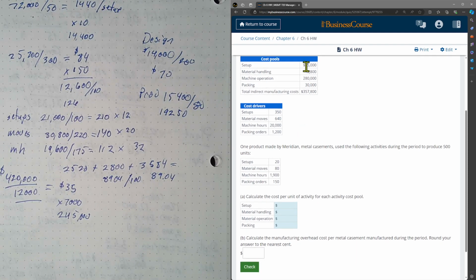So all we're doing is 350,000 divided by 350. Material handling is 12,800 divided by 640.